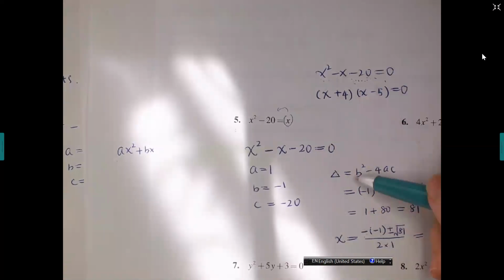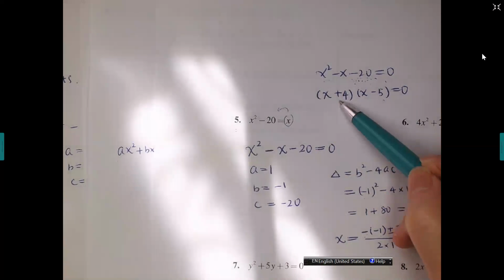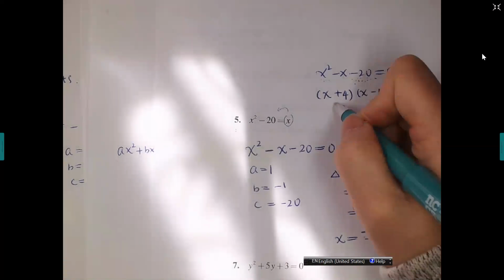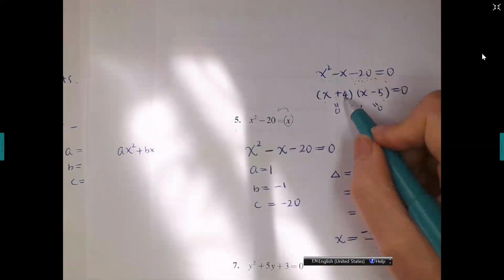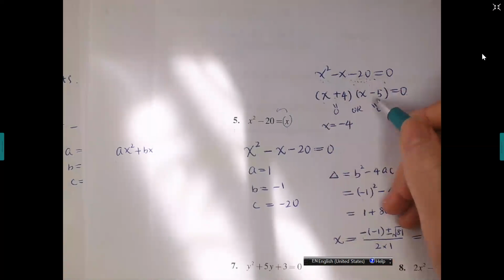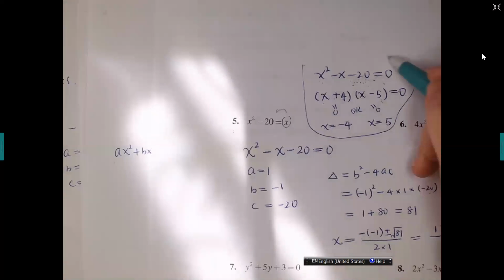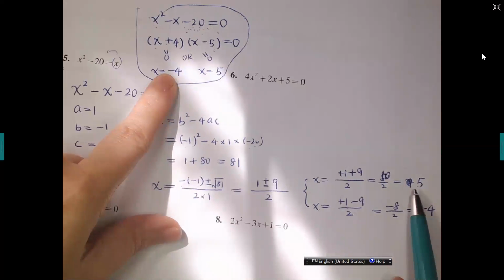So this equation, the left side is factorable. x plus 4 times x minus 5 equals 0, then either the first one is 0 or the second one is 0. x plus 4 equals 0, x equals negative 4. x minus 5 equals 0, x equals positive 5. See? Same answer right here, negative 4 or 5.